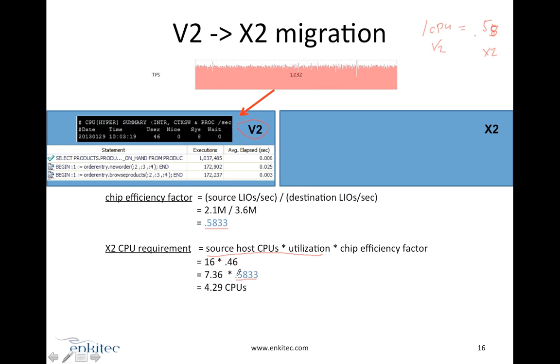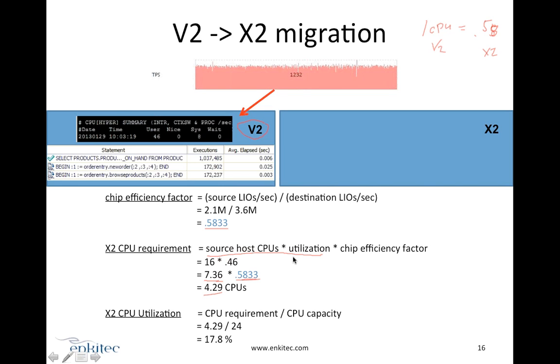And then dividing that gives 0.58. What's the meaning of that? It means that one CPU of the version 2 is equivalent to 0.58 of the X2. All right, because X2 is a much faster CPU, that's why you'd only be needing this much CPU.